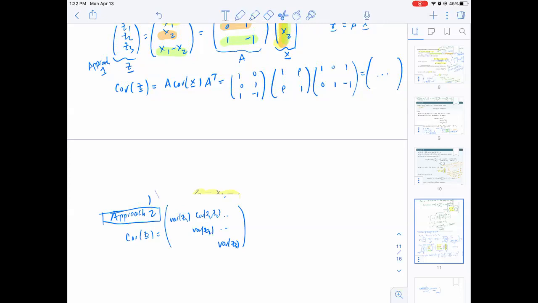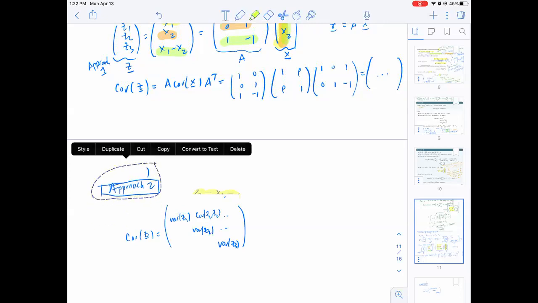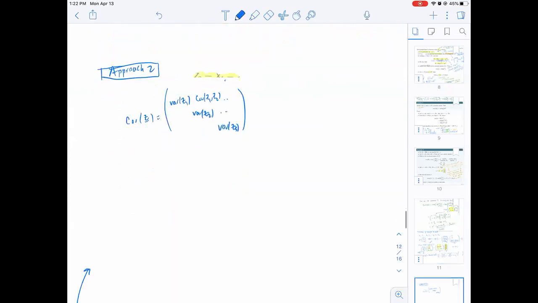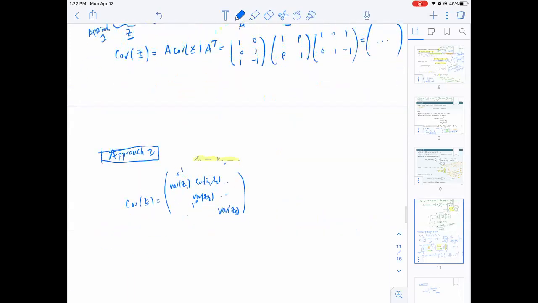Approach 2 to the problem uses the definition. I would like to compute, for example, the covariance. I know the variance of Z1 is 1 and the variance of Z2 is 1, because these are just X1 and X2, which are normal 0, 1, and the covariance of X1, X2 is rho.